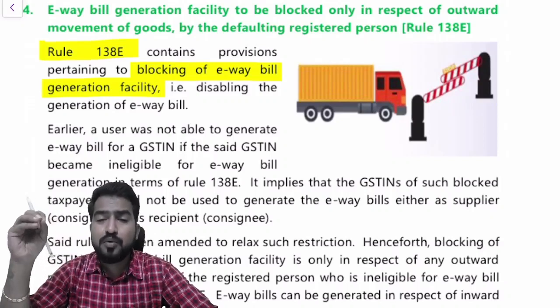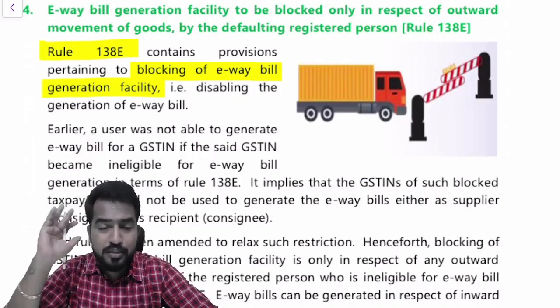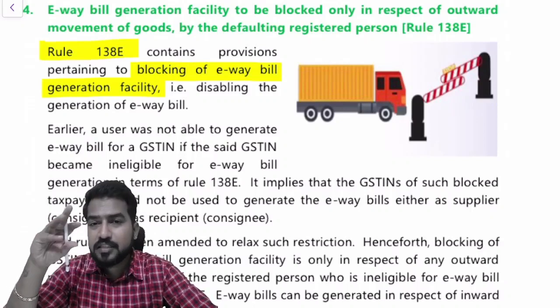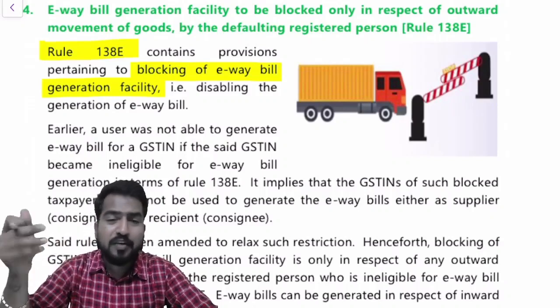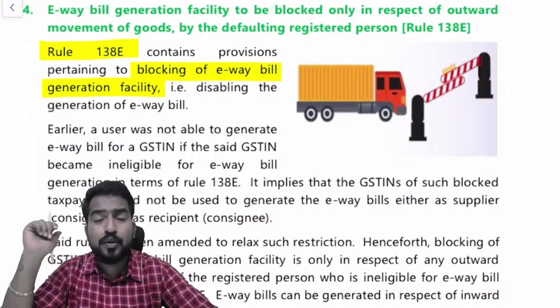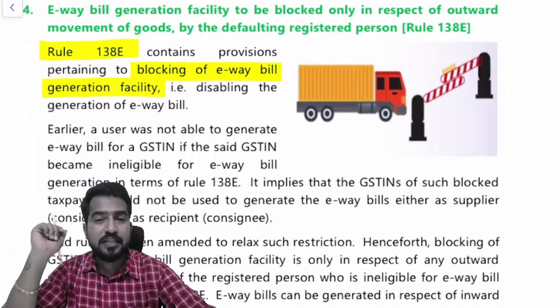Clear? So now, when Rule 138E is triggered and e-way bill generation is blocked, for example, you are falling within Rule 138E, maybe not filing the returns, etc., and your e-way bill generation is blocked. In such a case, you cannot generate an e-way bill.